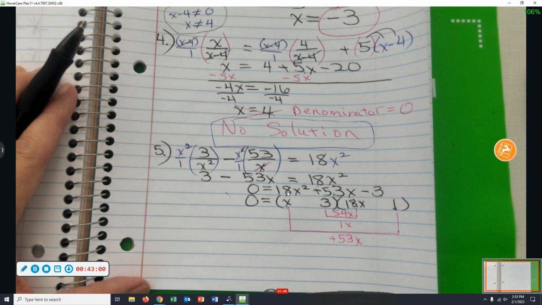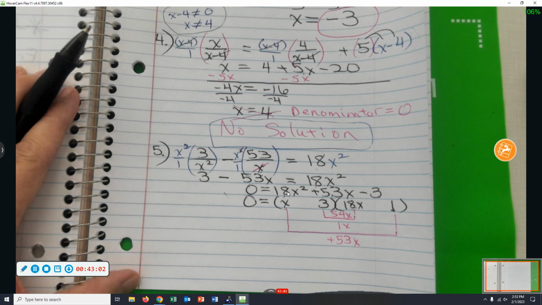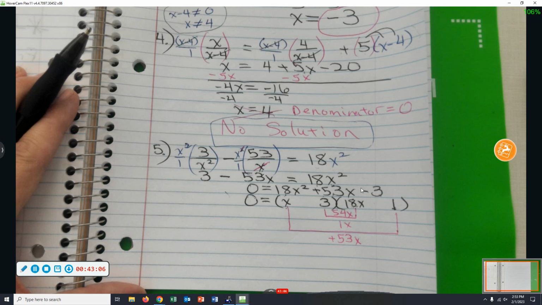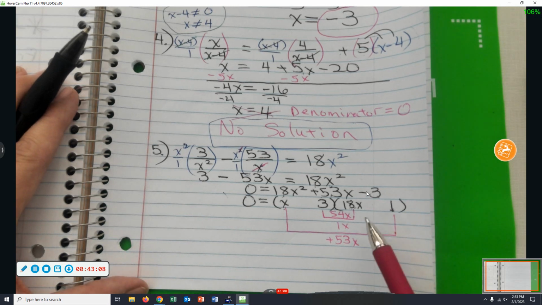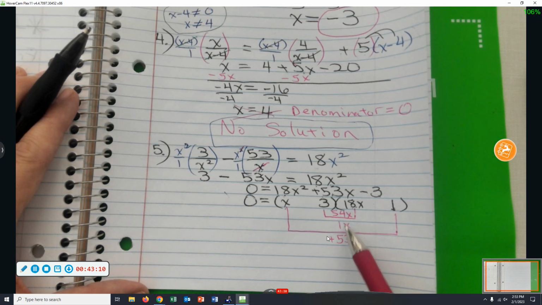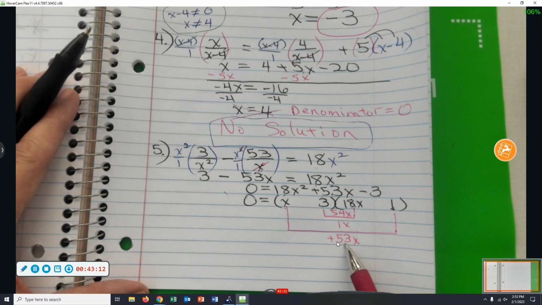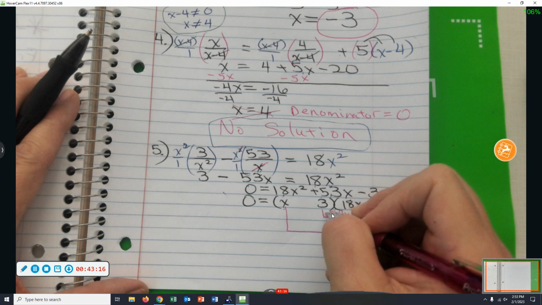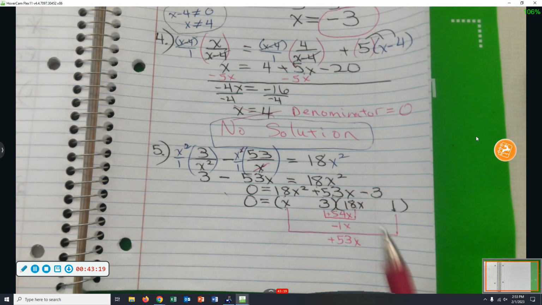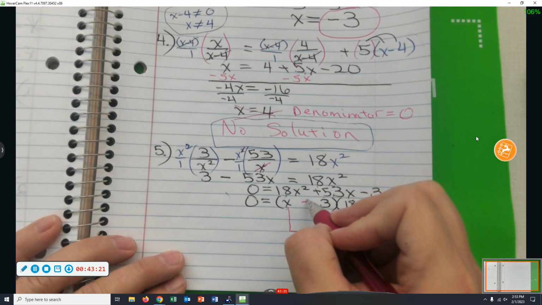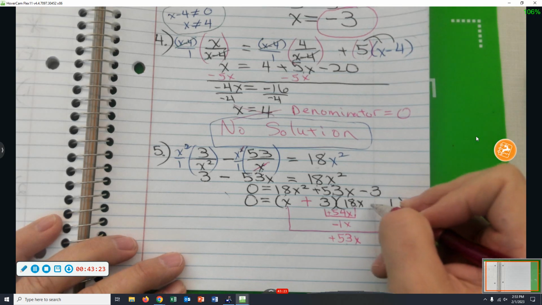That last sign's a minus, so what do we know about the signs? One positive and one negative, so start playing around. What are you going to have to do to get a positive 53x? I think you need the 54 to be positive. Okay, so a plus 3. Oh, y'all have gotten good at this. And a minus 1.